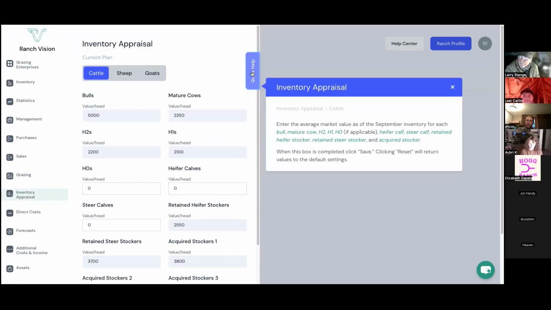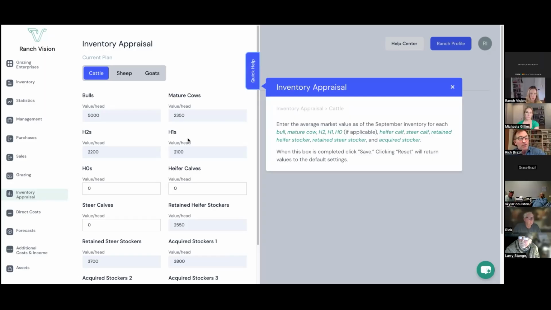So for inventory appraisal, we're taking into account all costs, not just cash costs. We're looking at non-cash costs as well. We're looking at opportunity costs. One of the opportunity costs is the cost of investment. You have a financial investment in your livestock herd. The fact that it's placed there and not placed in some other investment portfolio means that's a true cost, and we need to consider it.